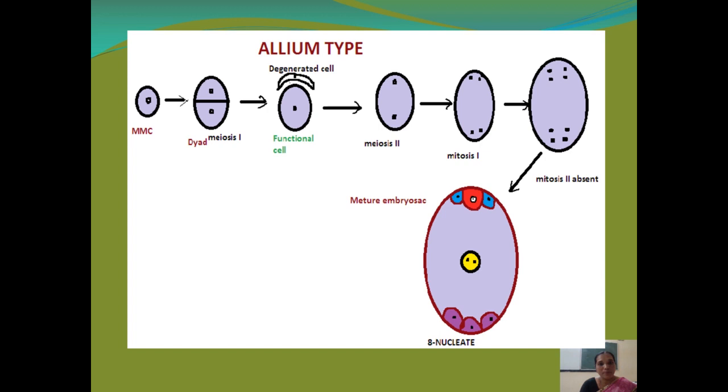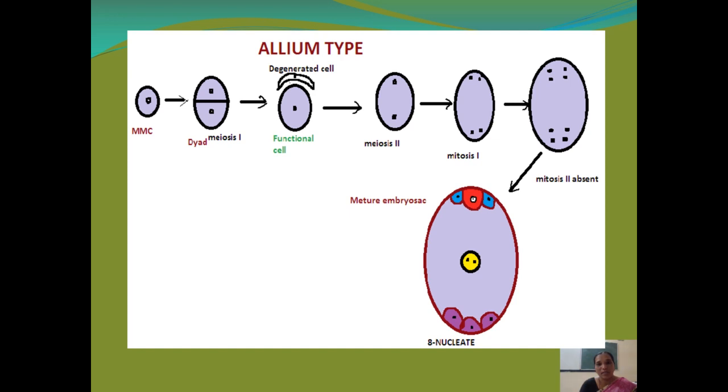Here we observe the process of bisporic development. The megaspore mother cell undergoes the first meiotic division and gives diad cells. The first one degenerates, only one is functional. It undergoes the meiosis II division and further mitotic divisions, finally resulting in the 8 nucleate embryo sac structure.